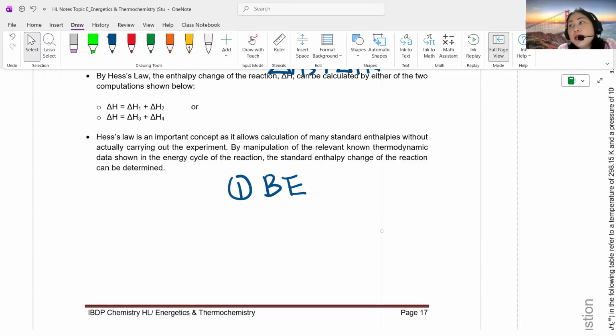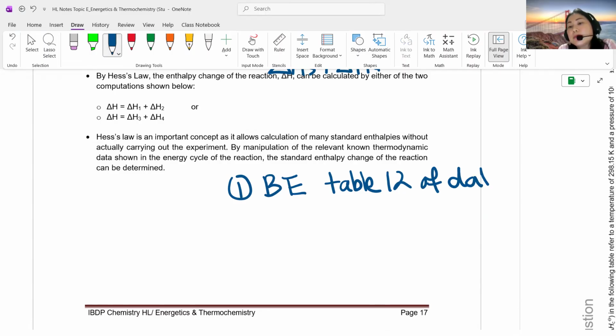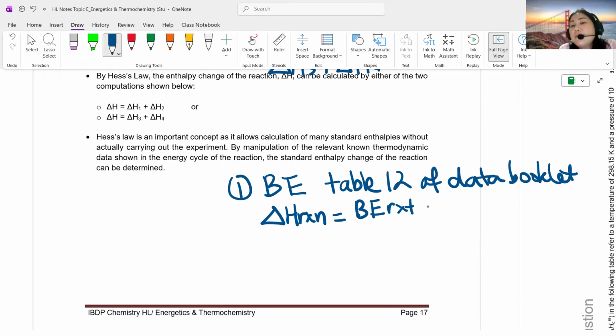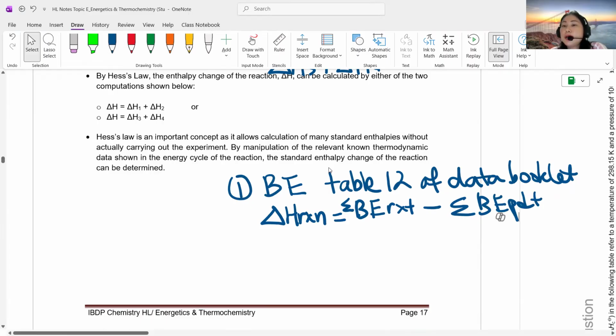So if we're using bond energy, then we will be using values in table 12 of the data booklet. And the formula that we'll be using is delta H reaction equals bond energy of reactants minus bond energy of products. Okay, so that is the first method, using bond energy.